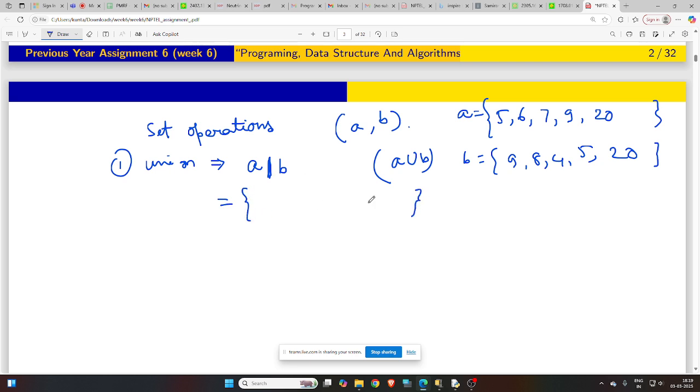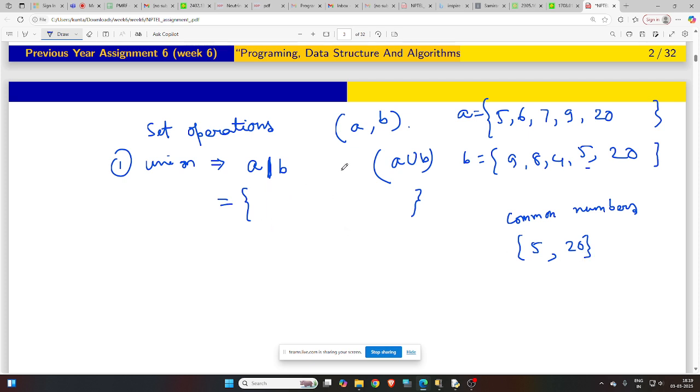Union is nothing but all the common elements of A and B first, and the remaining terms also we will write. So for this case, you can see what the common numbers are. Five is common. Then you can see here 20. These two are common numbers.